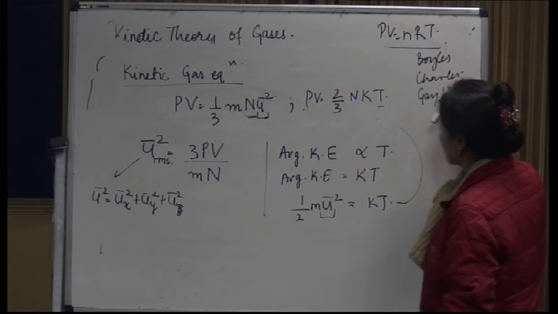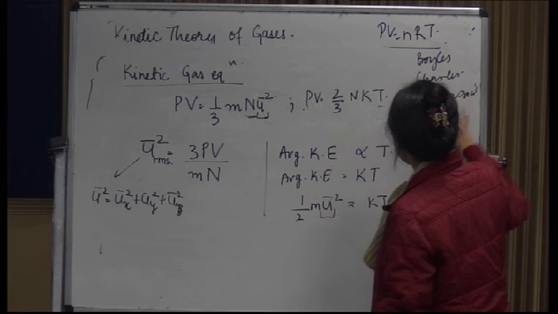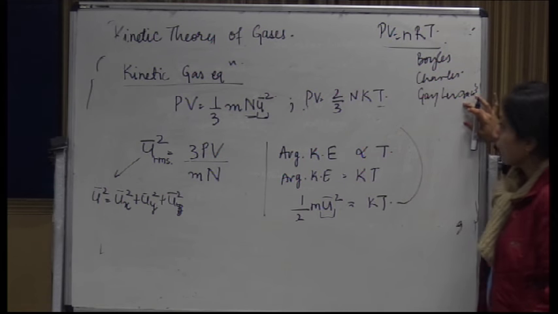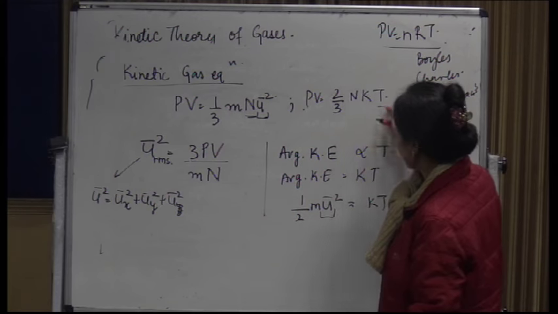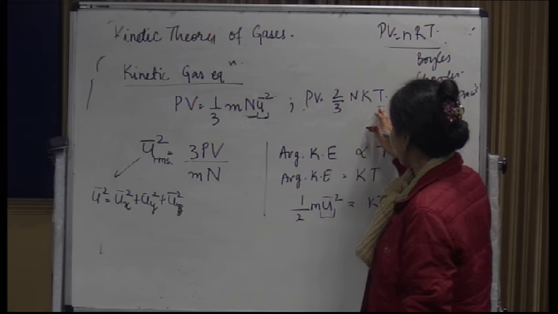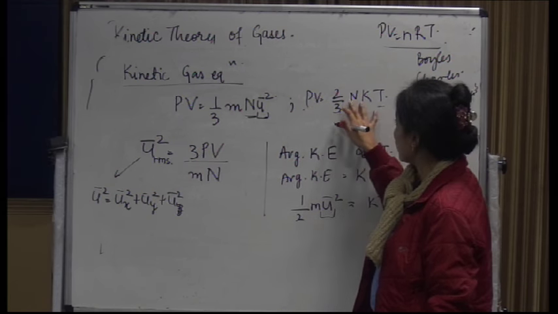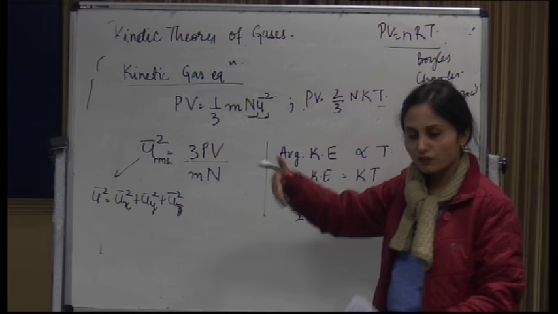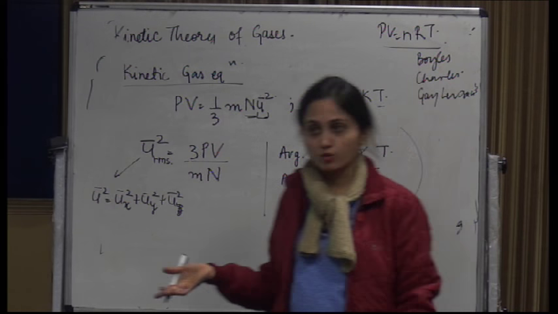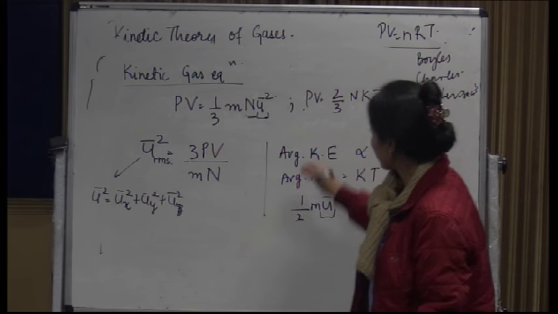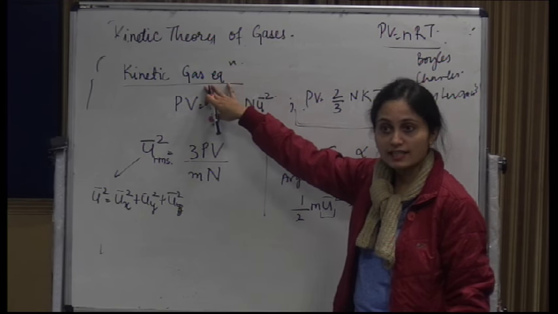At constant pressure your volume is directly proportional to T. At constant volume, pressure is directly proportional to temperature. And at constant pressure and temperature, equal volumes of different gases will have an equal number of molecules. This is your Avogadro's law. So all the laws are being followed from here as well, and this is your kinetic gas equation.